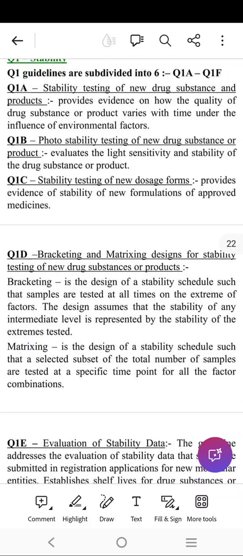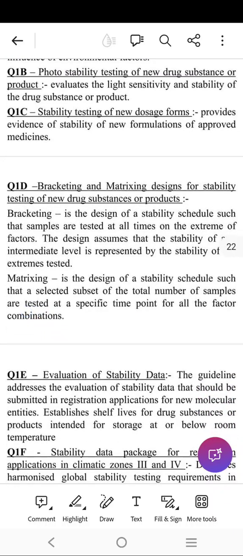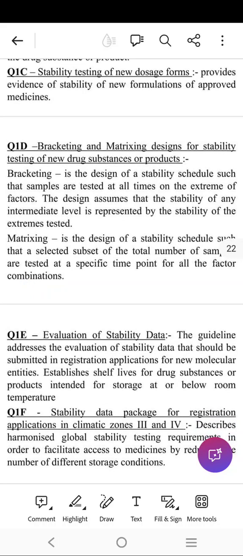Q1C, stability testing of new dosage forms, provides evidence of the quality and stability of the new formulation of approved medicines. Q1D, bracketing or matrixing design for stability testing of new drug substances or products. Bracketing is designed so that samples at the extremes of a factor are tested at all time points.